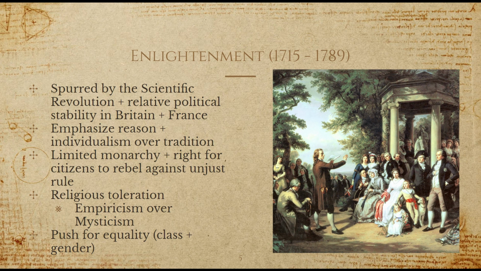They also want more people to be involved in the government. Kings should no longer be gods chosen on earth. They, as part of the government, should be held responsible by the people that they govern. So if there's a bad king, then you are allowed to rebel against them. You're not going to go to hell for that.